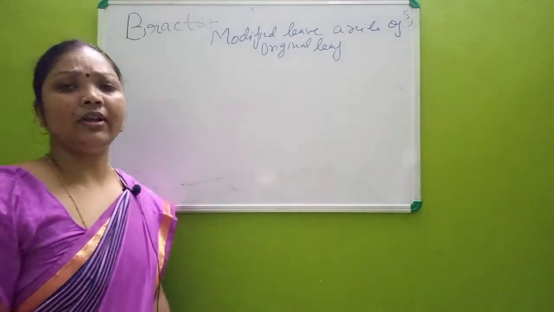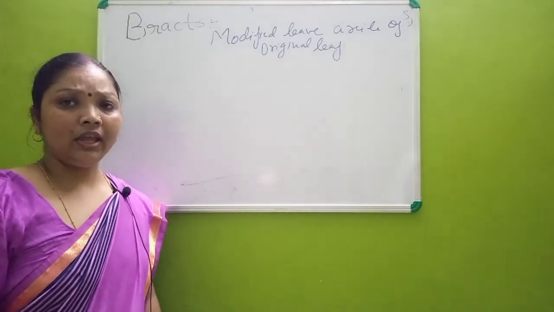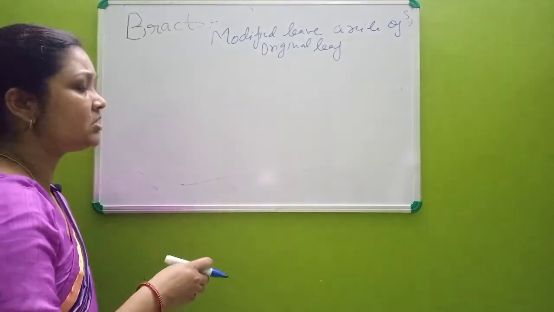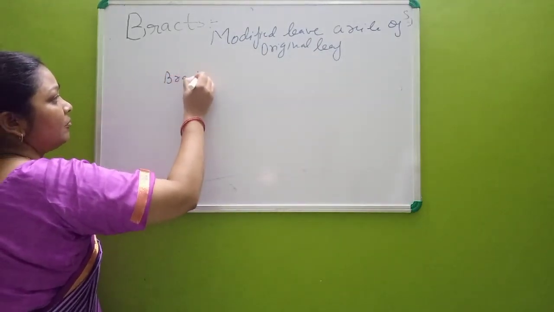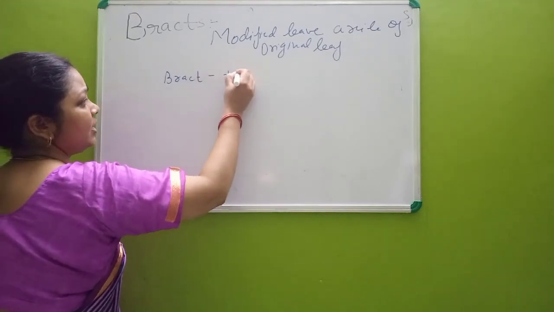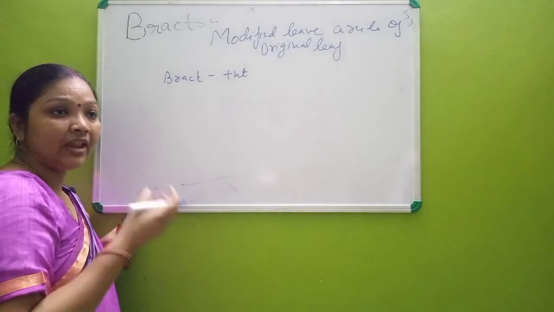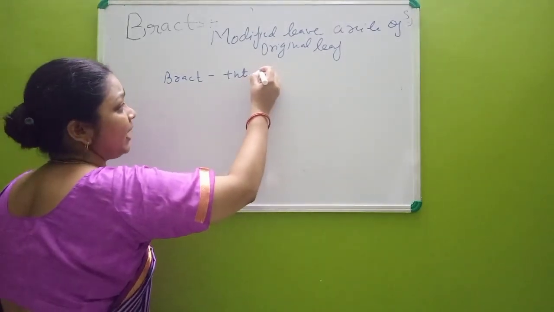So it is called a bract. Now if this bract is present, then the flower is called a bracteate flower.